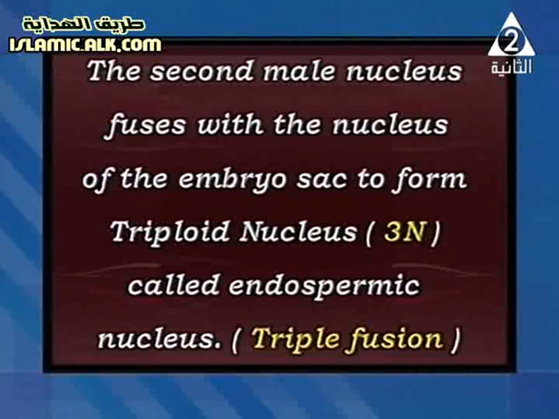Again, after formation of the zygote, the second male nucleus fuses with the nucleus of the embryo sac to form a triploid nucleus, 3N, and this is called endosperm. Remember, double fertilization happens only in plants. We call this triple fusion, and the resulting nucleus we call endosperm.